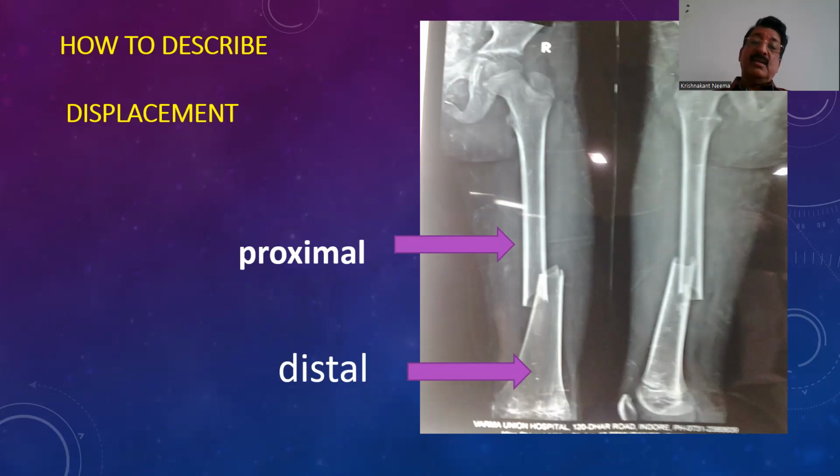Like in this case, you can clearly see that the distal fragment has gone laterally and dorsally. So the displacement in this fracture is lateral and dorsal because the distal fragment has moved so, right?